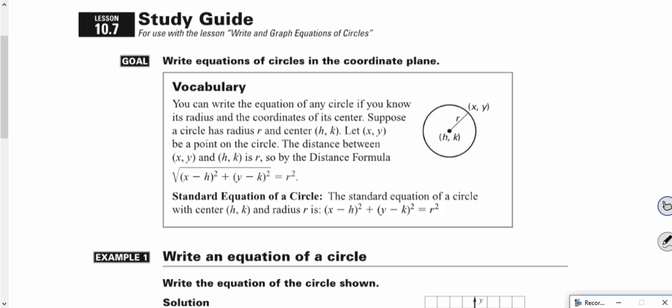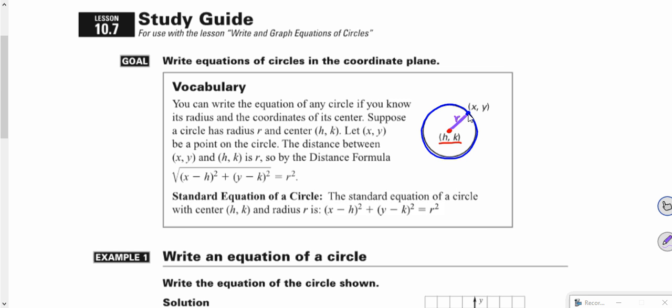When they say on the circle, they mean literally the ring around. So this is our point (x, y). This, our center, is our point (h, k). And of course, our radius is the distance between the center and that point that's on the circle, (x, y).